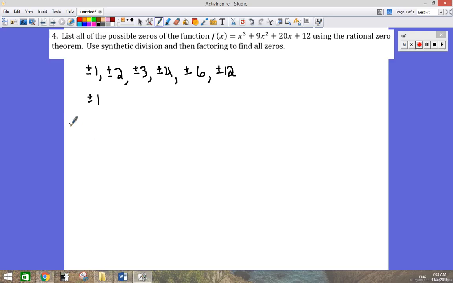So my list of possible rational zeros is just, these are the possible numerators, the possible denominator here is 1. So each time all of these are divided by the 1, we just get that original list from the constant term back again.